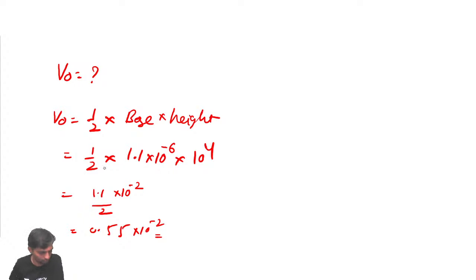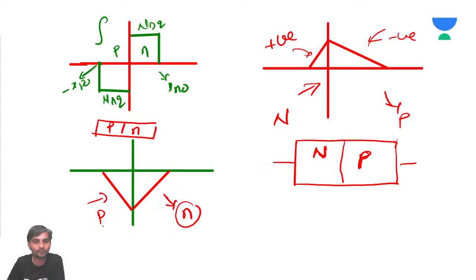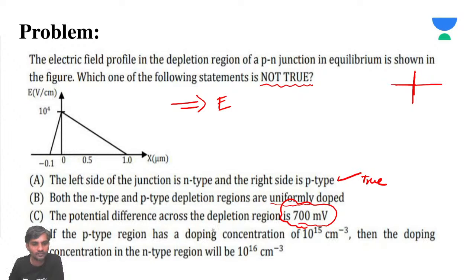So V naught is going to be 5.5 millivolts. But what is it saying? It says the potential difference across the depletion region is 700 millivolts. So this statement is not true.